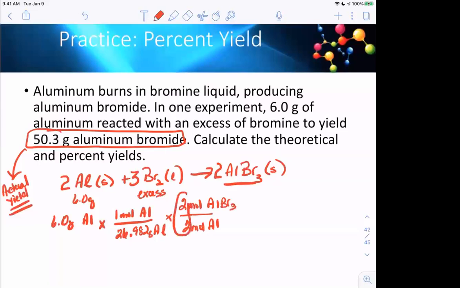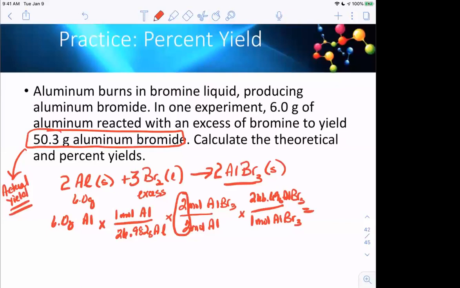Again, I'm going to write this down even though it cancels. And then using the molar mass of AlBr3, aluminum is 26.982. Oops. 26.982 plus 3 times 79.904. And again, that molar mass for AlBr3 is 266.69 grams.